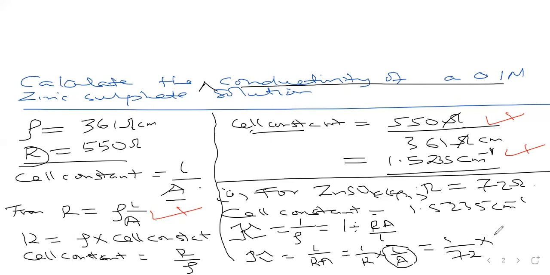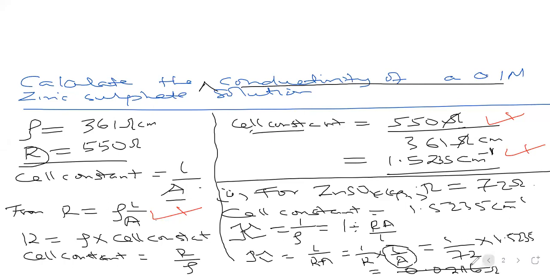We have the cell constant as 1.5235. So when you do a good substitution, you get your kappa as 0.02116. What are the units? Per ohm.